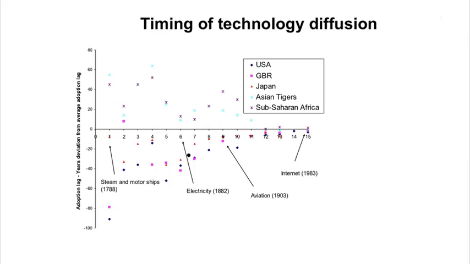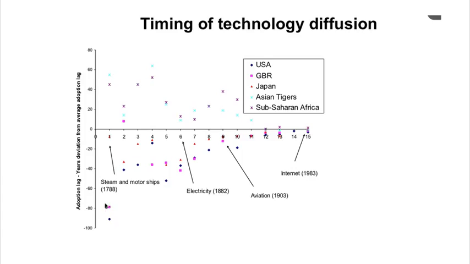They looked at data on the diffusion of 15 technologies across 166 countries over the past 2 centuries. I've shown the USA, Great Britain, Japan, Asian tigers, and sub-Saharan Africa. On the horizontal axis, I've started with technology 1, which is steam and motor ships, and gone through to technology 15, which is the internet.